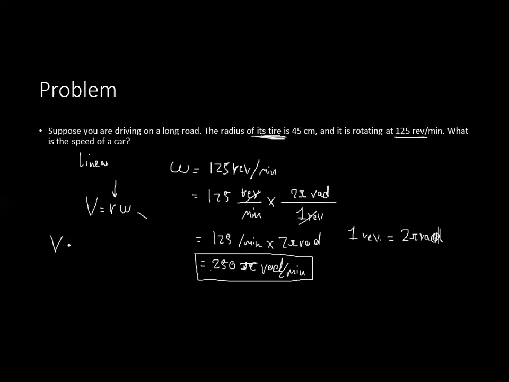So we have V is equal to your radius, 45 centimeters, times the angular speed, 250 pi. I have no space here, I'm just going to write it down. Radians per minute. Okay? So what would be the answer?